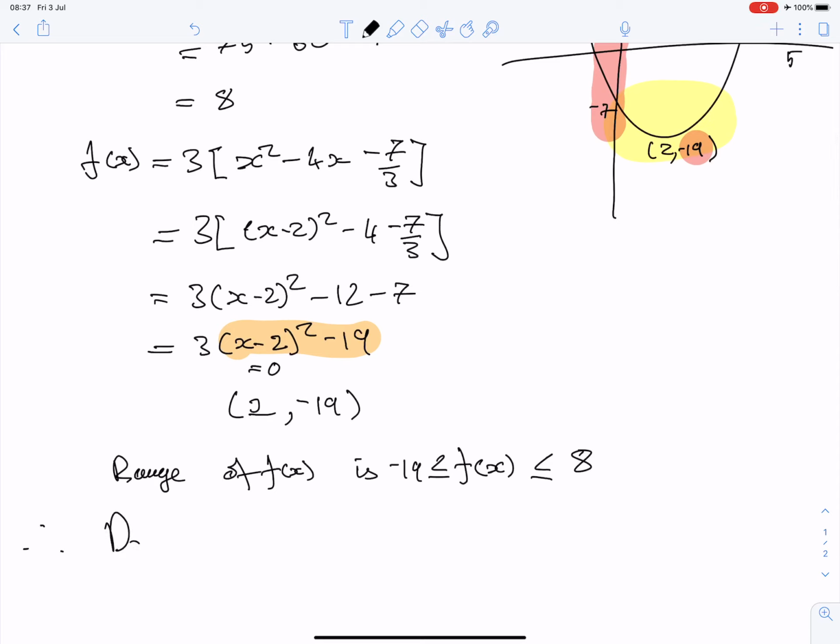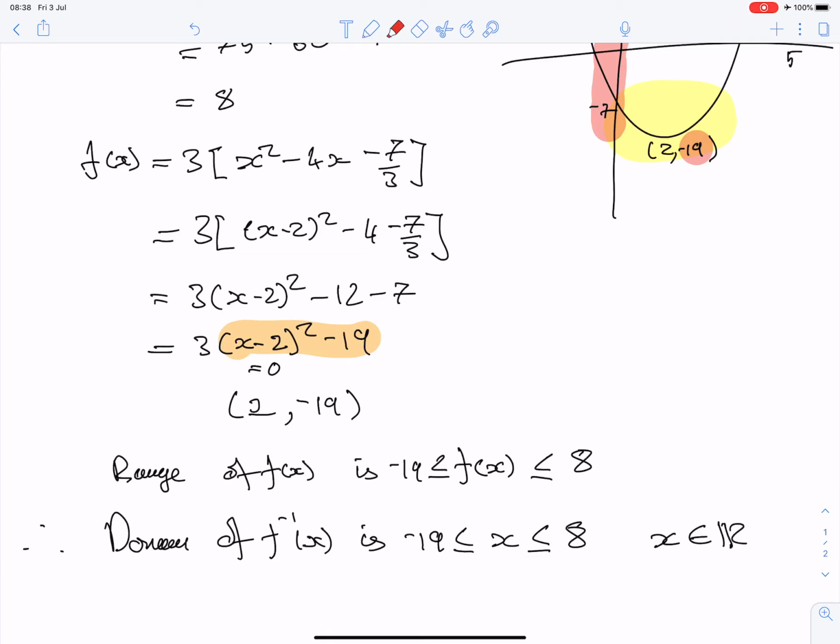Therefore, the domain of f inverse of x is negative 19 is less than or equal to x and less than or equal to 8. And x is a member of the set of reals.